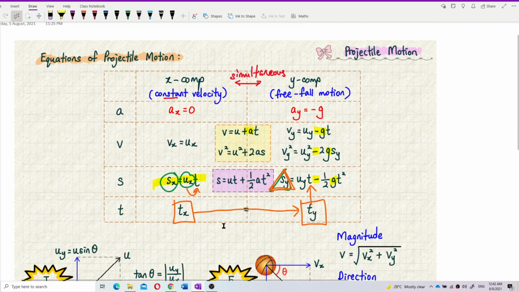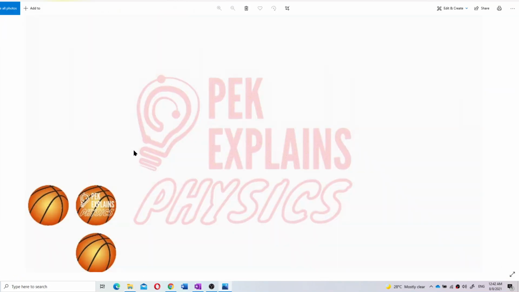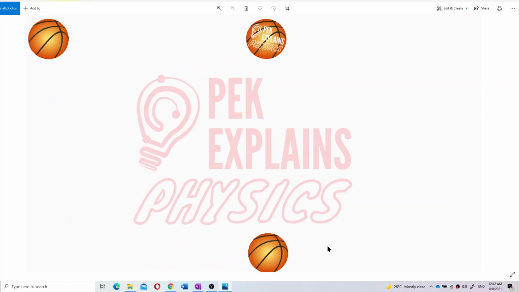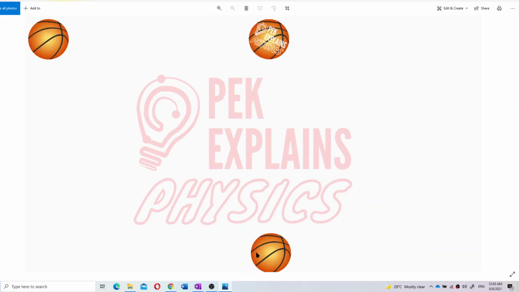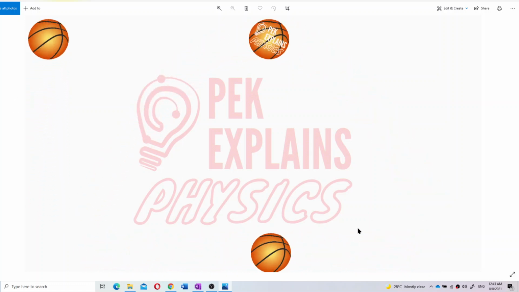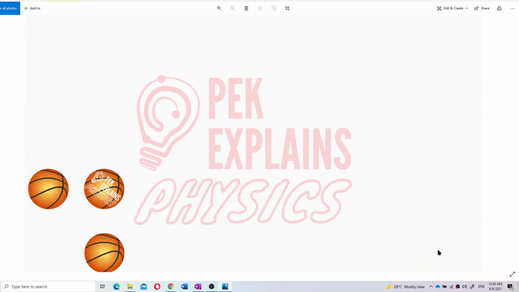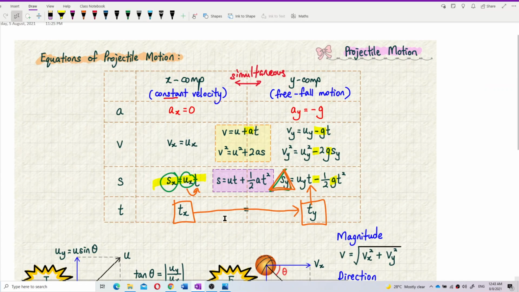We link the two components with the time taken, because these two components happen simultaneously. They begin and stop at the same time. They have the same time, so Tx equal to Ty.